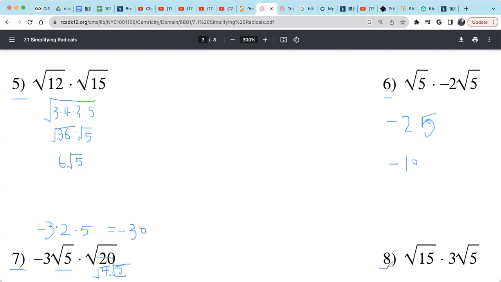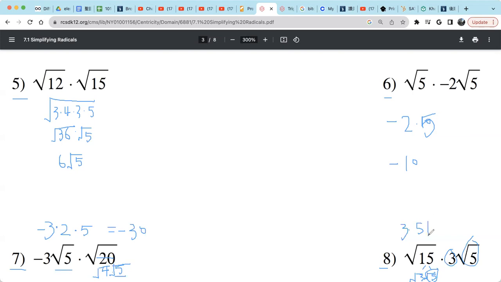Let's see, 8. 15 can be split into 3 and 5. So I have square root of 3, square root of 5. Then now I have this square root, I have 2 square root of 5 multiply each other. So I get a square root of 5 squared, which just becomes 5. So I have 3 is this one, times 5.